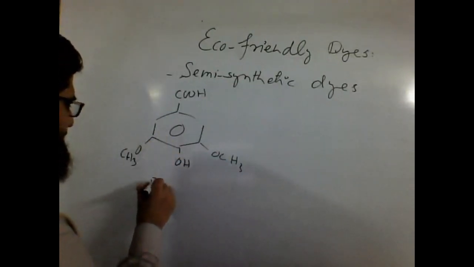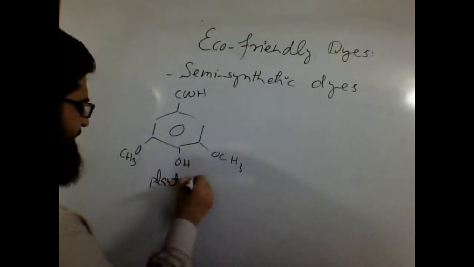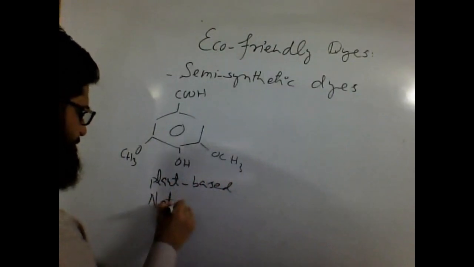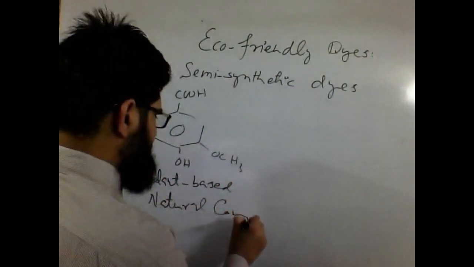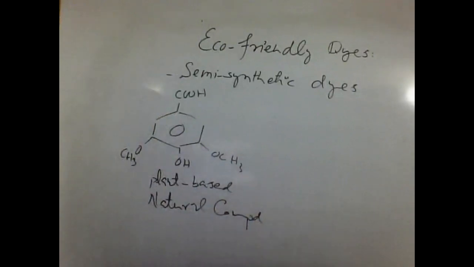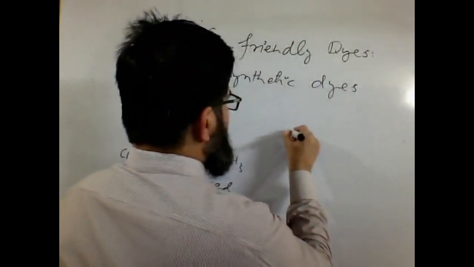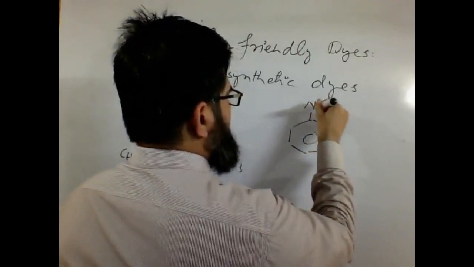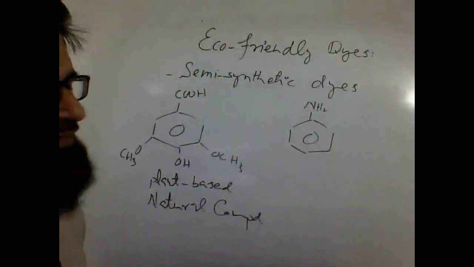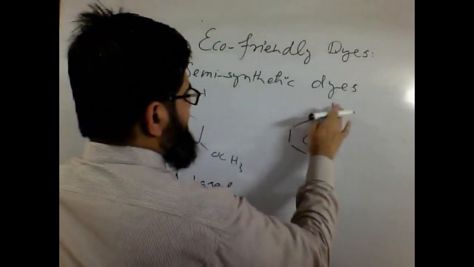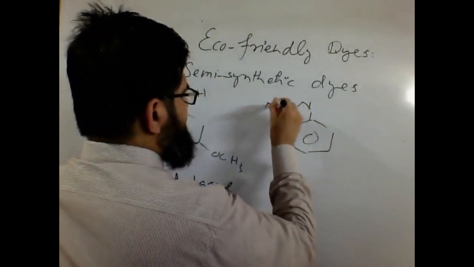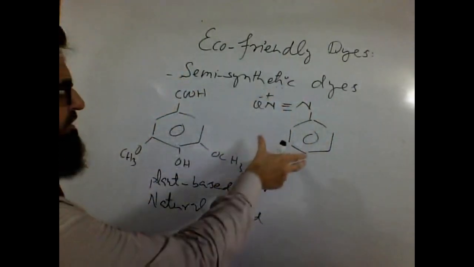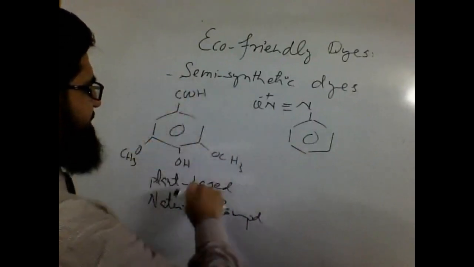It's a plant-based natural compound. What they did, they took aromatic amines of 2 to 3 different types, and then they performed diazotization to receive the diazonium salt. Then they bring this salt in and use this body as a coupler.